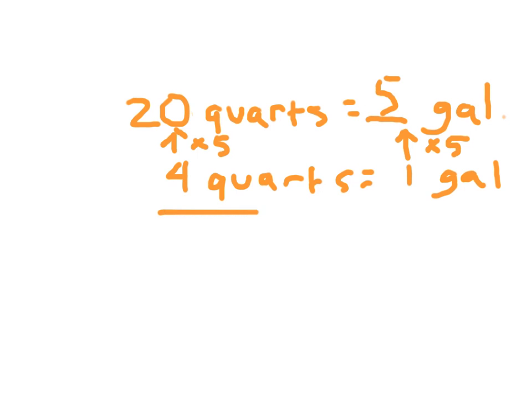Alternatively, I could have just divided by 4, because I am going from something smaller to something bigger, where 20 divided by 4 does give me 5 gallons. You always should think about whether your answer is reasonable. 20 quarts, 5 gallons. 4 quarts was 1 gallon. That does seem to be reasonable.